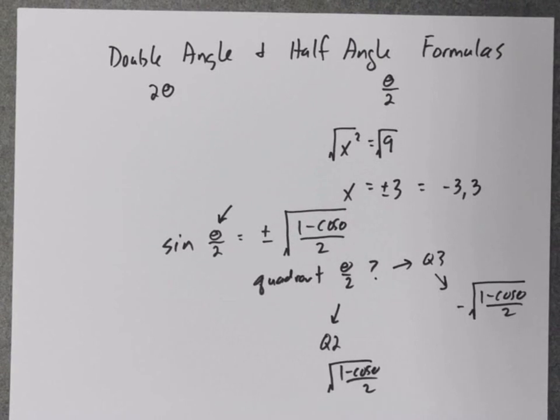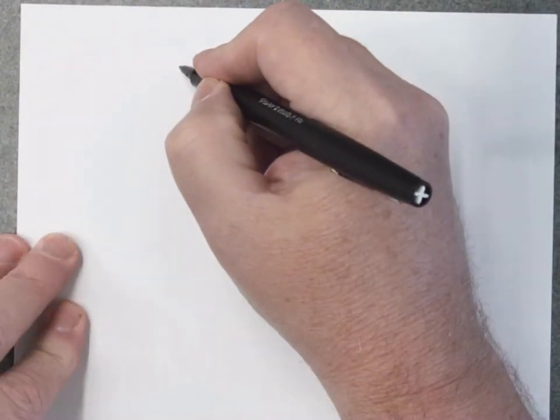The first kind of problem is very similar to what we did with sum and difference formulas. And by that I mean, sometimes you may be given a problem and asked to find, so for instance, let's do this problem.